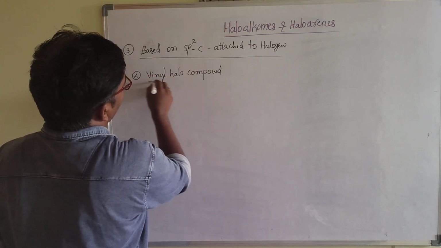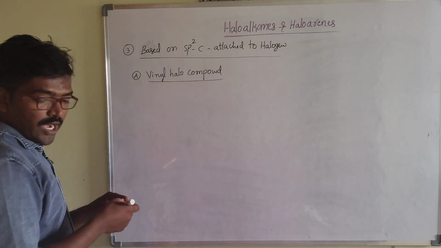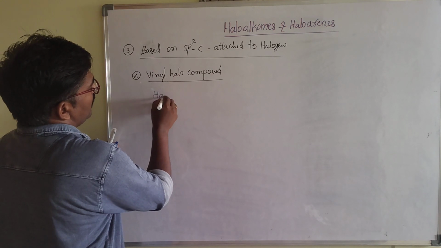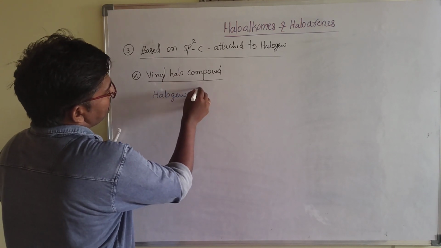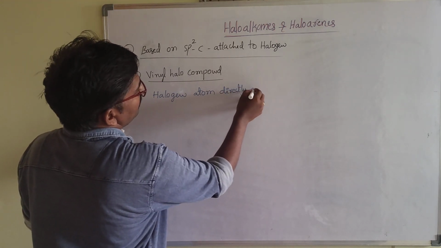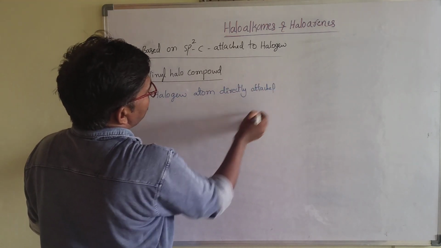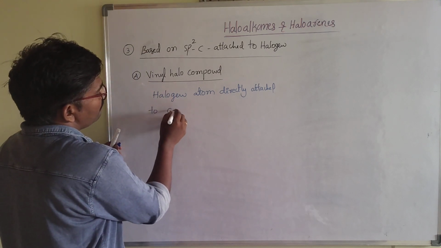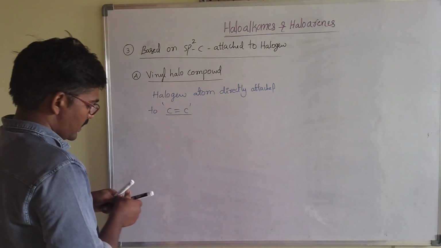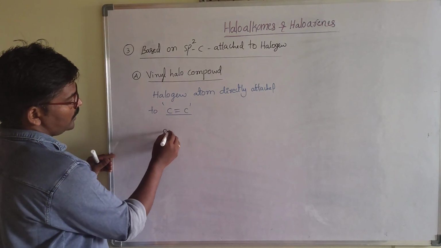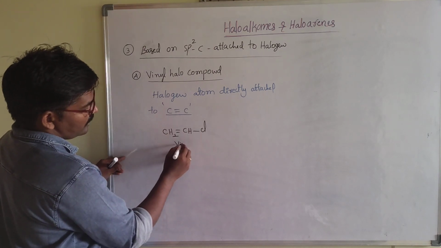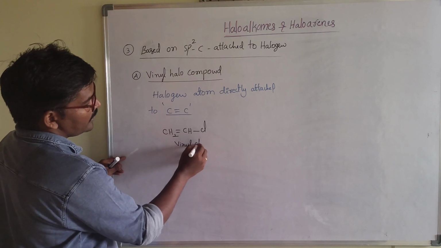What is a vinyl halo compound? The halogen atom is directly attached to a carbon double bond, then we call it vinyl. For example, if you observe CH2 double bond CH bond Cl, we call it vinyl chloride.